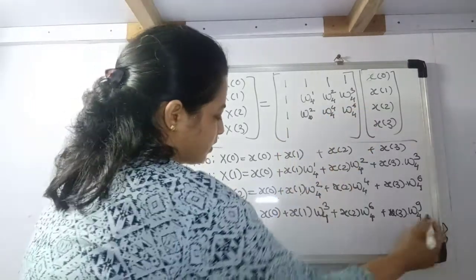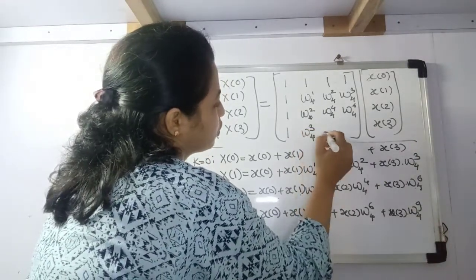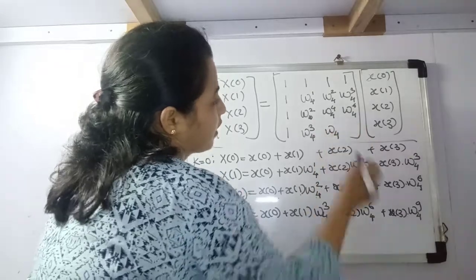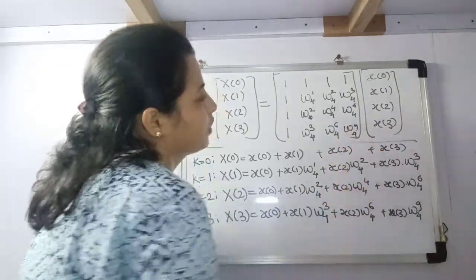Last, the fourth row: 1, raised to 3, raised to 6, and raised to 9.